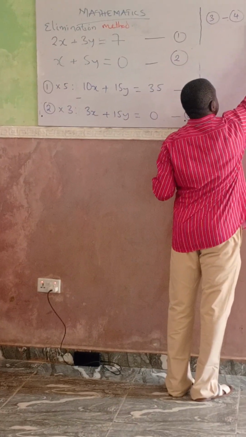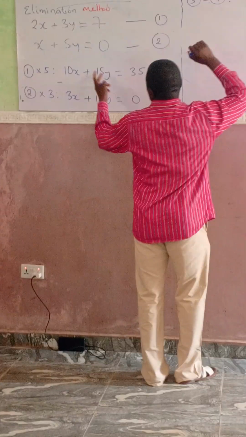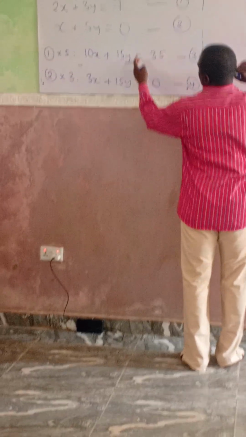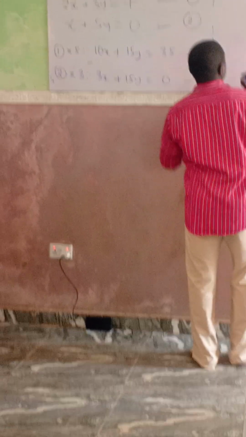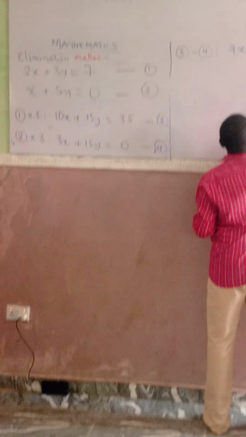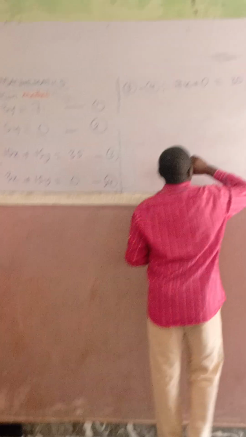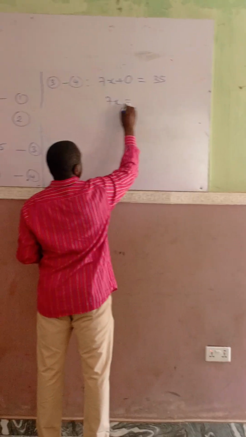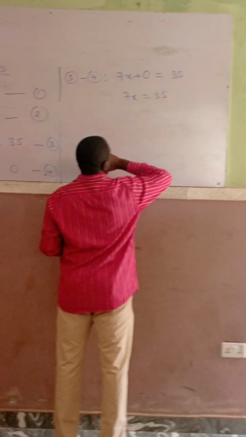This minus this gives us 0, equals 35 minus 0, which gives me 35. 0 means nothing, so we can say 7x equals 35.